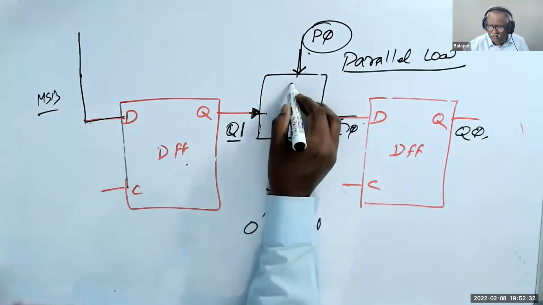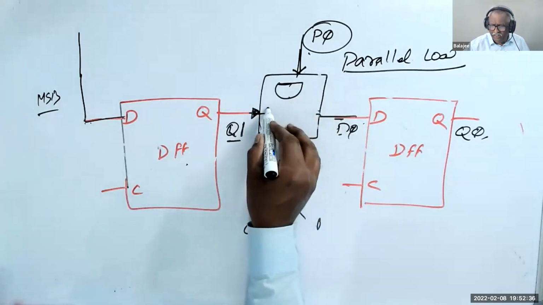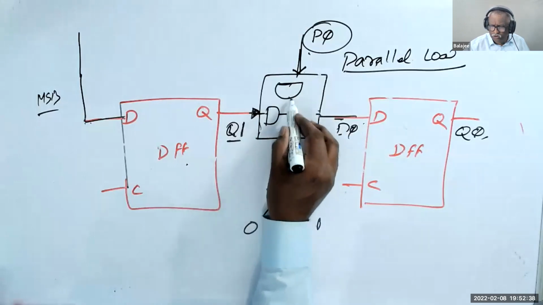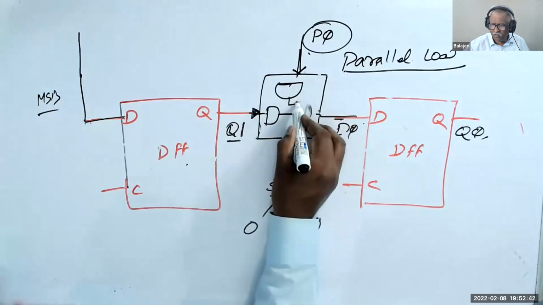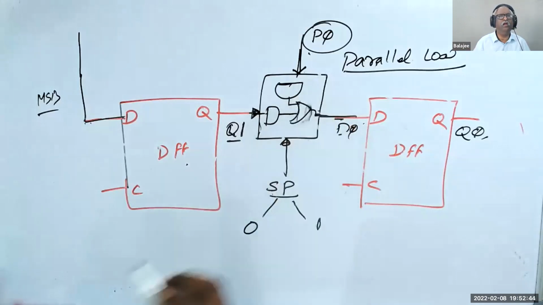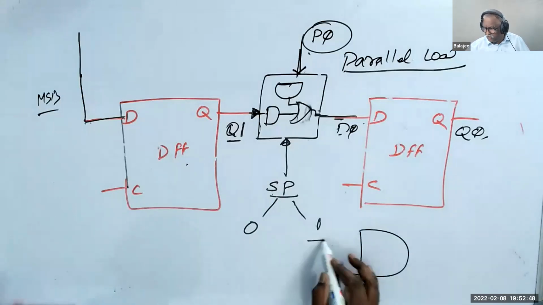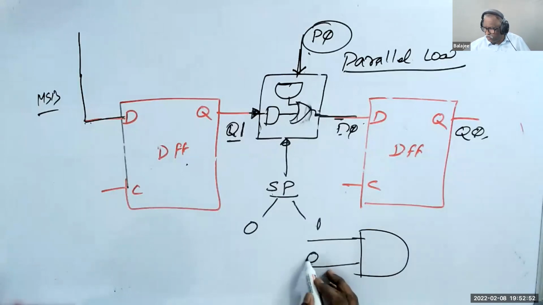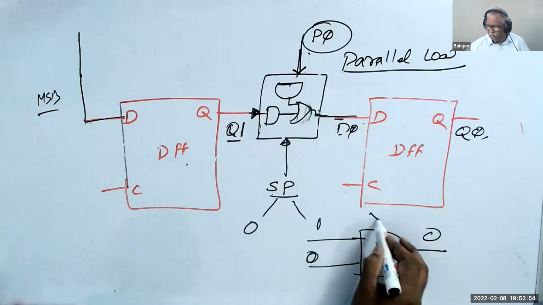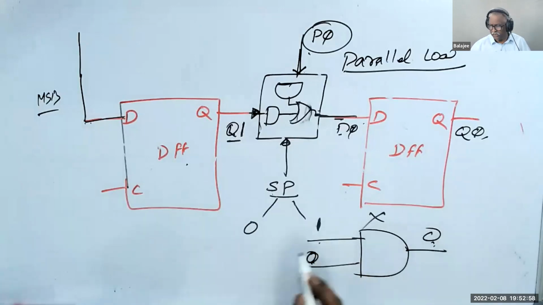I have an AND gate, I have an AND gate, and both the outputs are connected to an OR gate. Now, an AND gate can be enabled by another input. If this input is 0, this AND gate is disabled because this output is 0. This doesn't have any control over this wire.